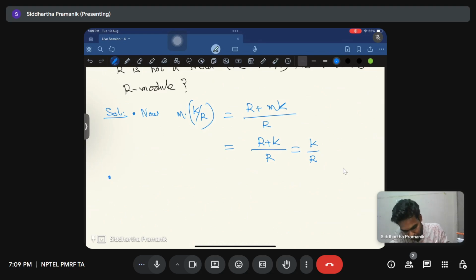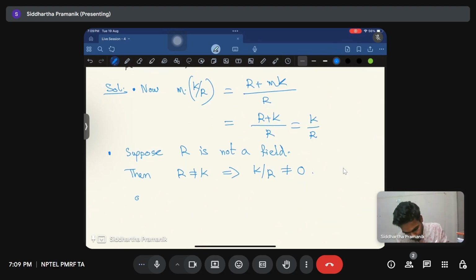Now the second part. Suppose R is not a field. So then R is not equal to K. So that means K mod R is not equal to 0.